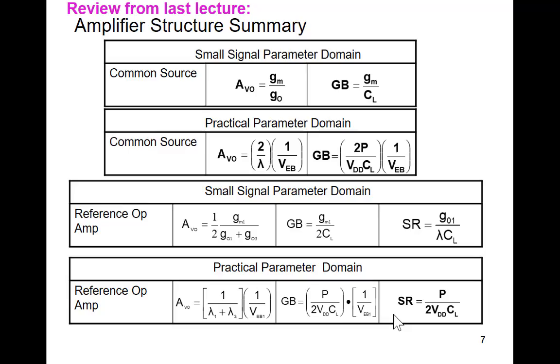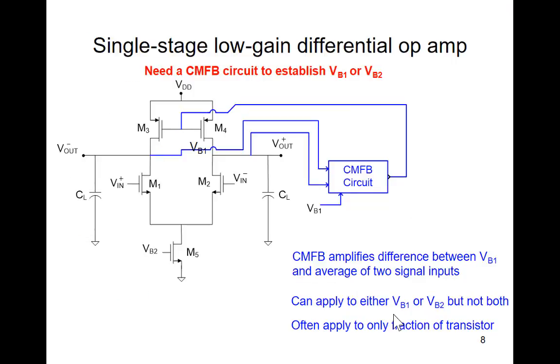And then we summarized the characteristics of first the single stage amplifier structure and now the reference op amp in terms of both the practical parameters and the small signal parameters. We mentioned earlier there was a little caveat. It says need a combo feedback circuit to establish VB1 or VB2.